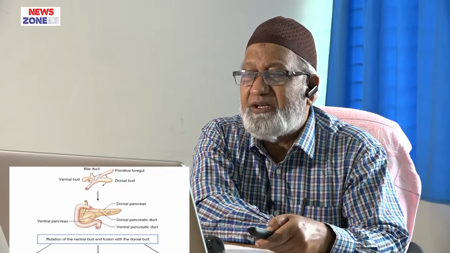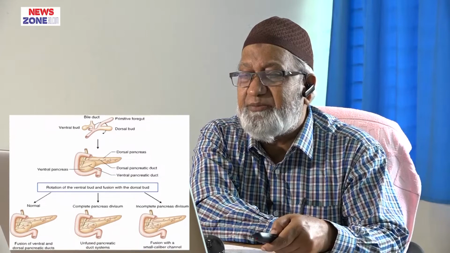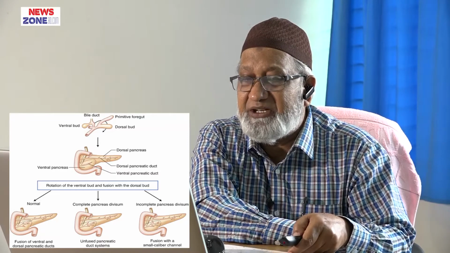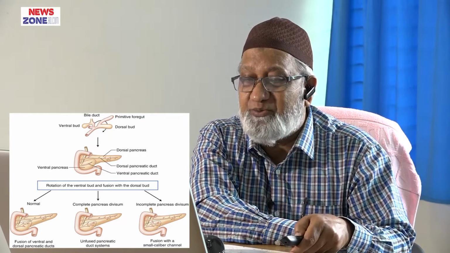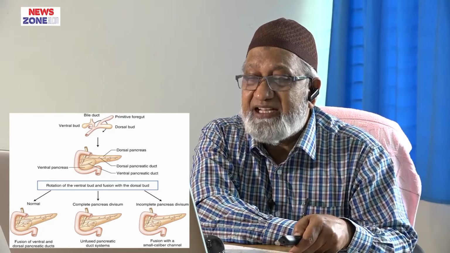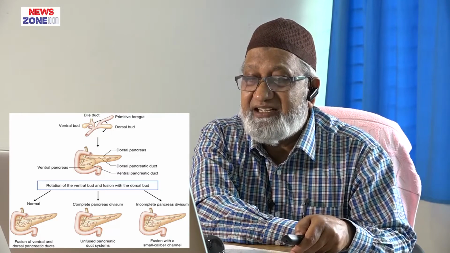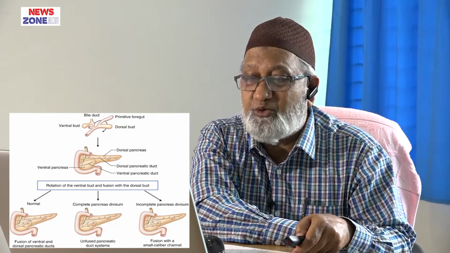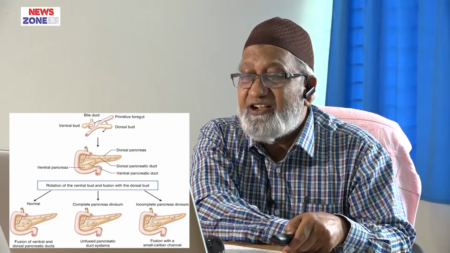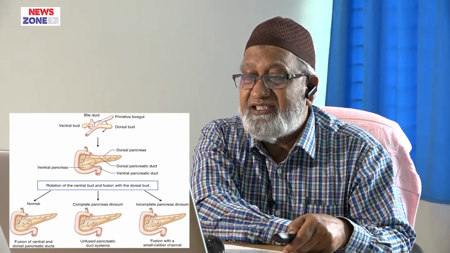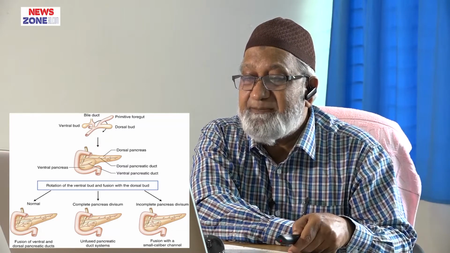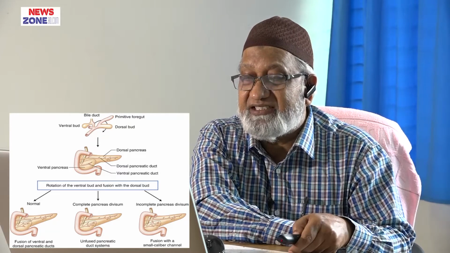You see the ventral bud and the dorsal bud. Rotation of the ventral bud and fusion with the dorsal bud results in the normal arrangement if the fusion and rotation are complete. The main pancreatic duct unites with the common bile duct and opens into the sphincter of Oddi. In complete divisum, the ventral duct remains separated from the dorsal duct.